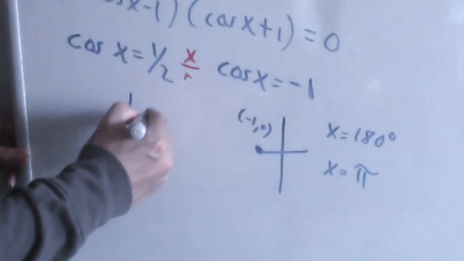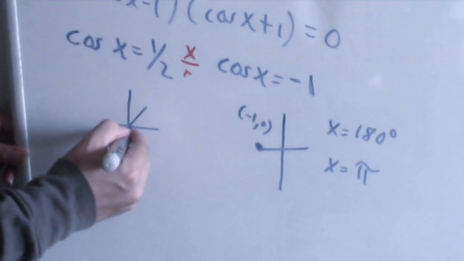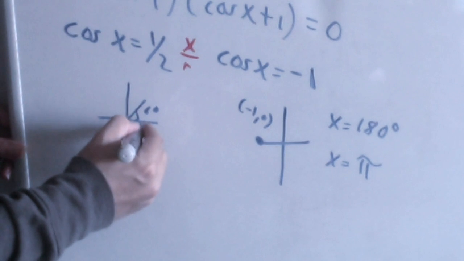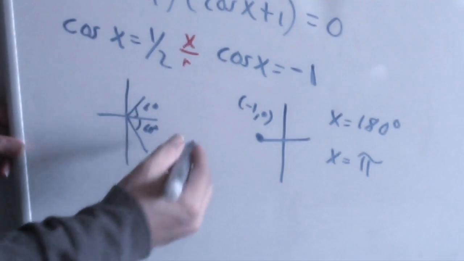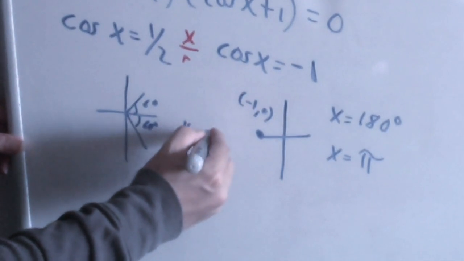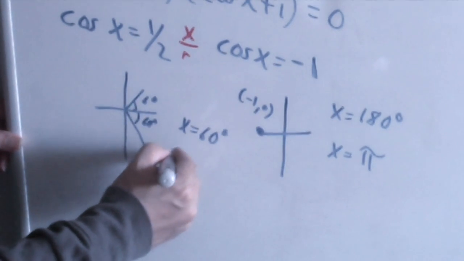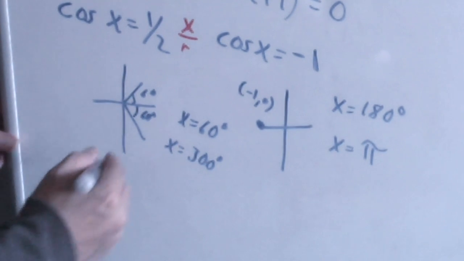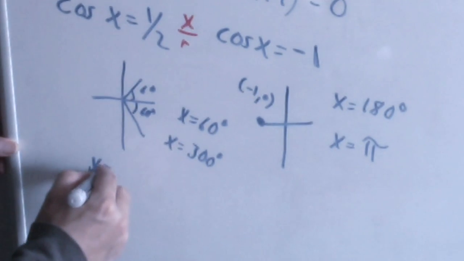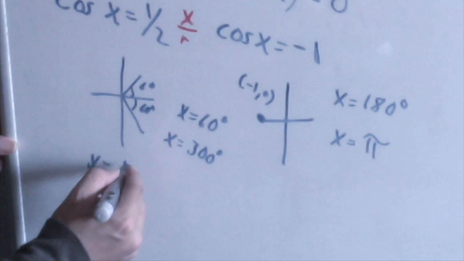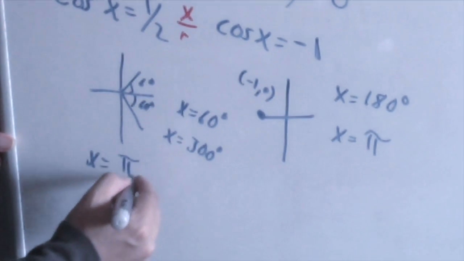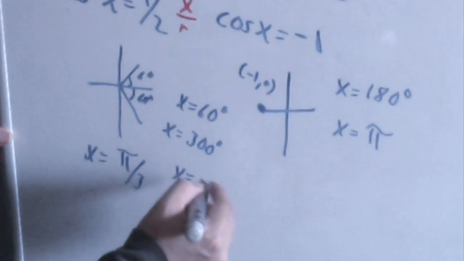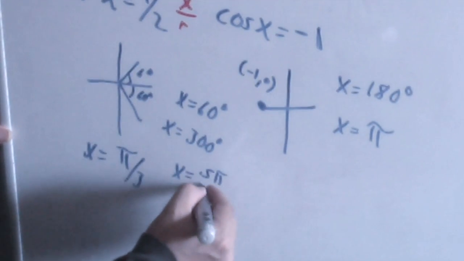X is positive in quadrants 1 and 4, so my answer is going to be 60 and 300 degrees. If I convert to radians, this is pi over 3, and x equals 5 pi over 3.